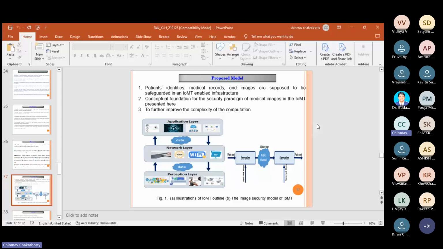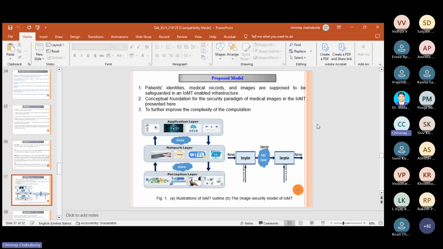So that's why patients' identities, medical records, and images are supposed to be safeguarded in an IoT-enabled infrastructure. Number two, the conceptual foundation for the security paradigm of medical images in the IoMT is presented here. Another one is to further improve the computation complexity. So this is based on the major concern.